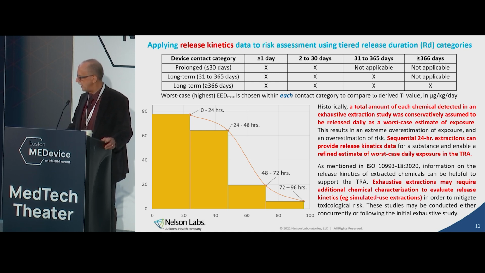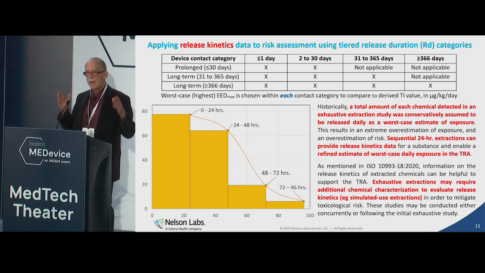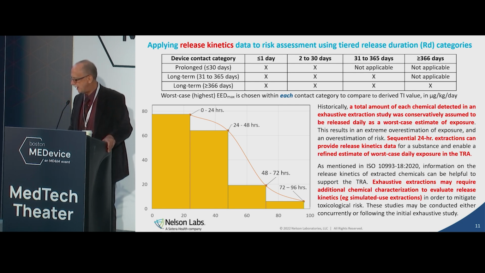Exhaustive extractions often are required by FDA as the first step, but the additional chemical characterization using release kinetics and simulated use extraction on only certain analytical tests that were a problem can mitigate your risk, and they can be conducted concurrently to save time or sequentially.